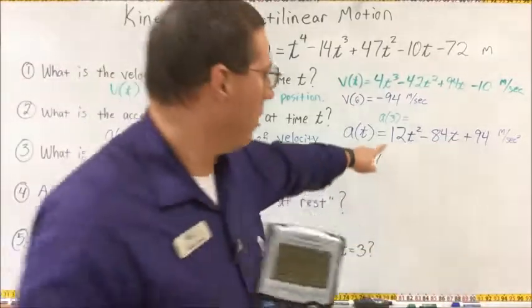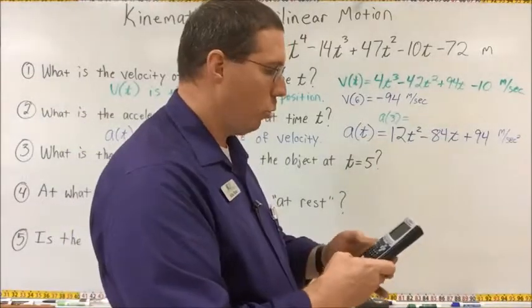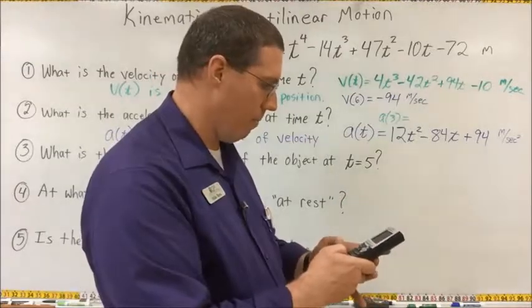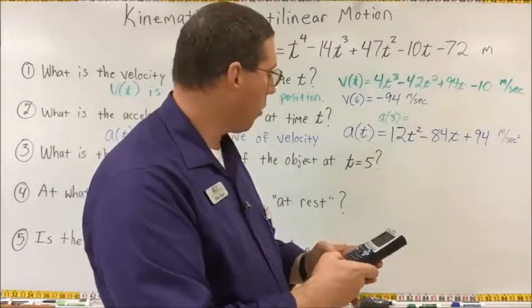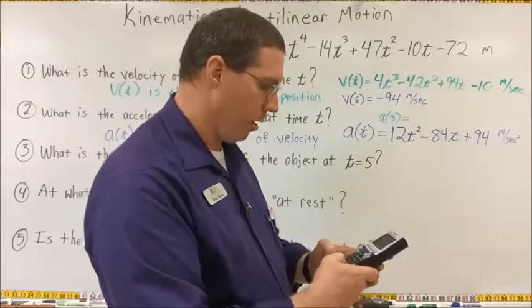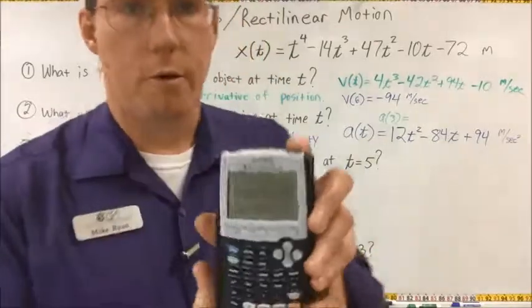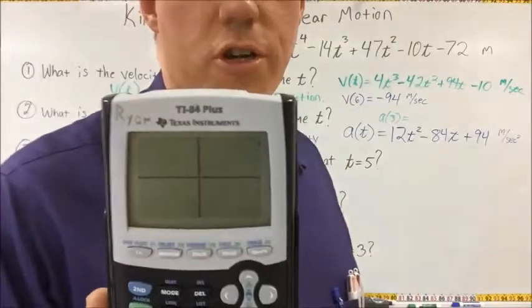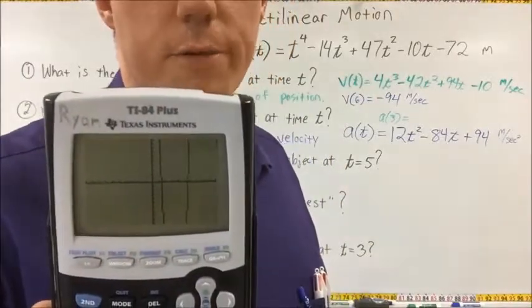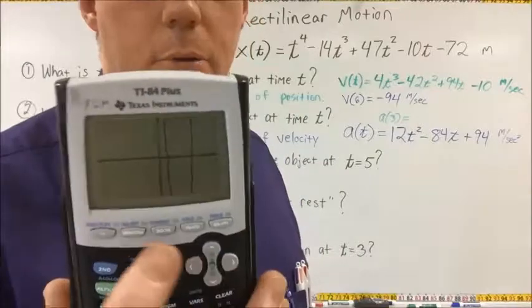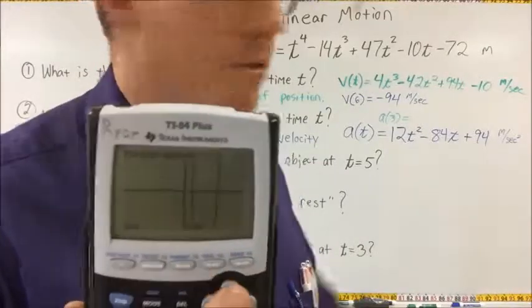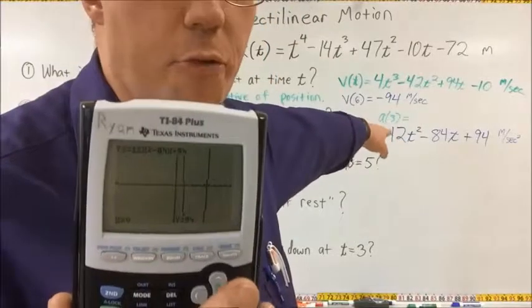Now I want to key in the acceleration function: 12x squared minus 84x plus 94. Okay, so I went ahead and put that in. I'm going to hit graph. And now it's just graphing the acceleration function. And now I can press trace, and it says what's the acceleration at time 3, right?